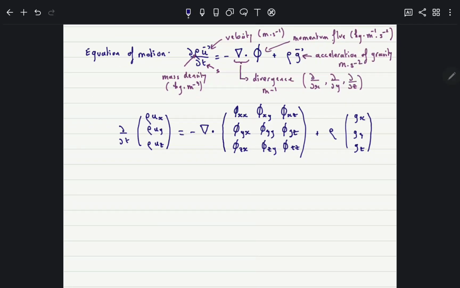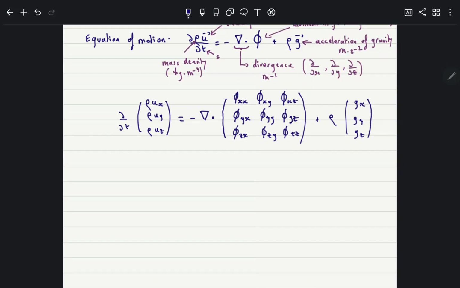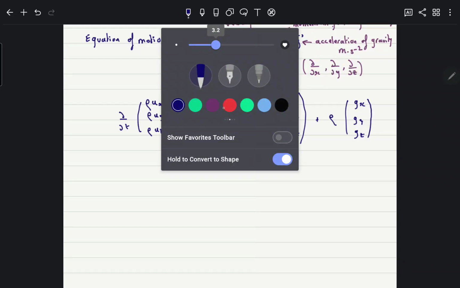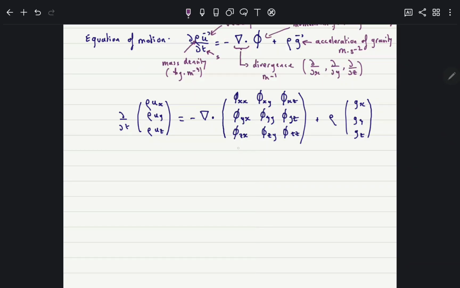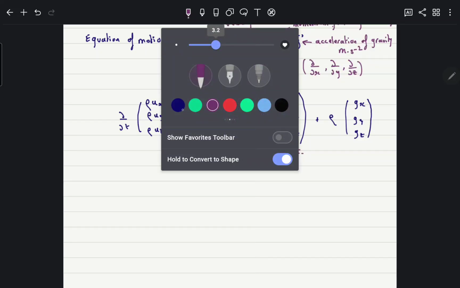Okay, so the first thing that we want to do is to use the expression of the combined momentum flux tensor. So we're going to take care of that particular term here. Okay, the momentum flux tensor.